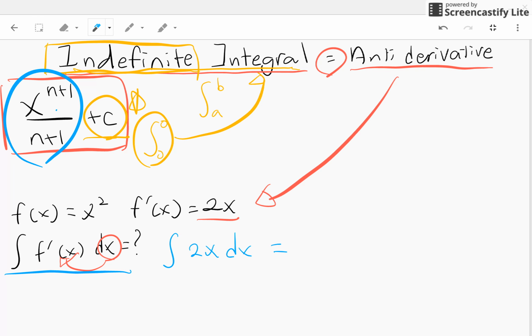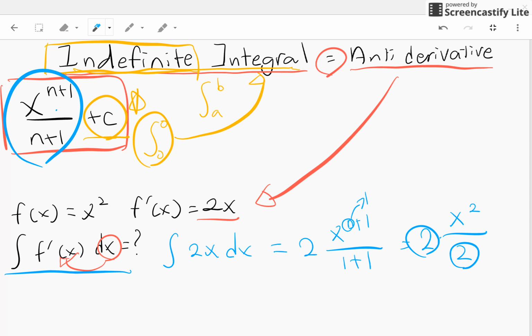We know 2x is 2 times x to the n plus 1 power, where n in this case is 1. So we can write this as 1 plus 1, right? And we have 2 times x to the second power divided by 2, and the 2 and 2 in the numerator and denominator cancel each other out, and we get x squared.